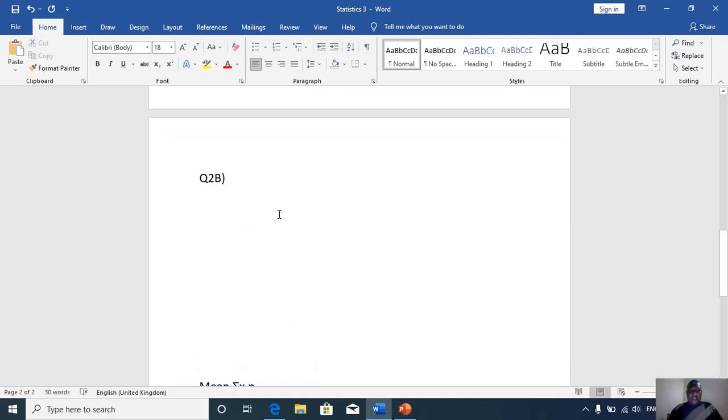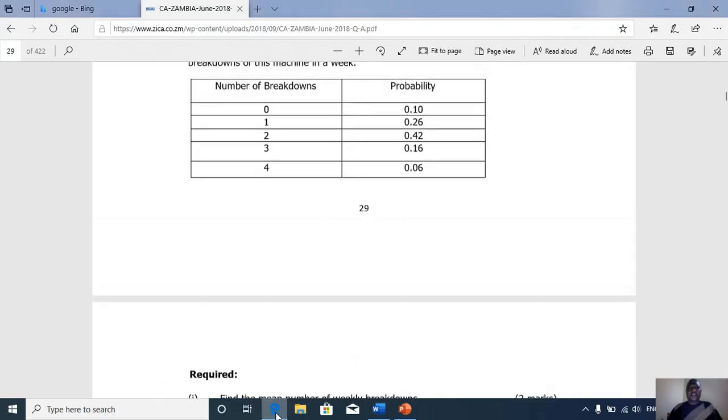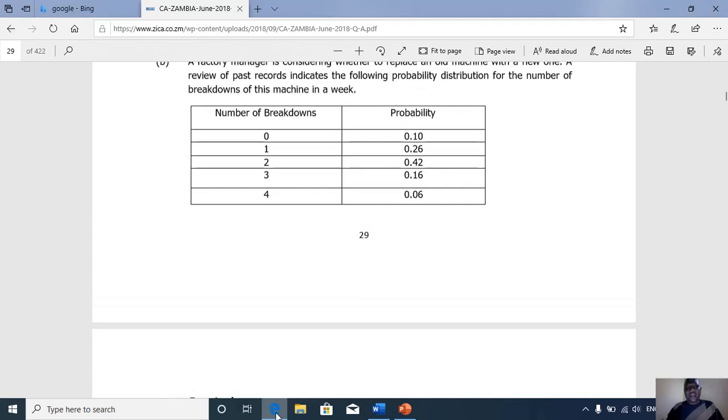Again, coming up with a simple table that will help you do the calculations will be very, very necessary here. So let's look at the data. We have the x values, which is the number of breakdowns. We have the probabilities. And according to the two formulas we've looked at, for us to get the mean, we need an xp column for us to get the summation of xp. For us to get the standard deviation, we'll need x squared multiplied by p.